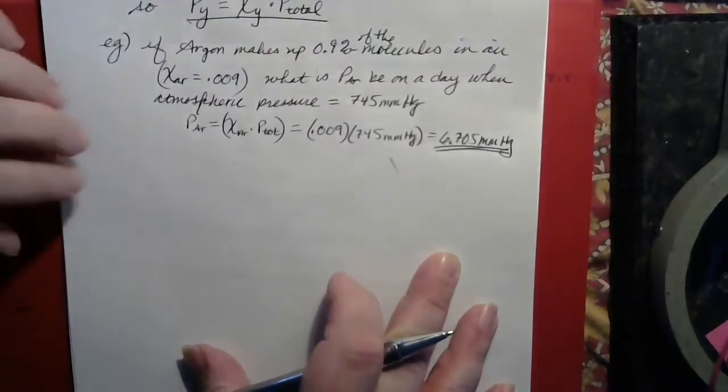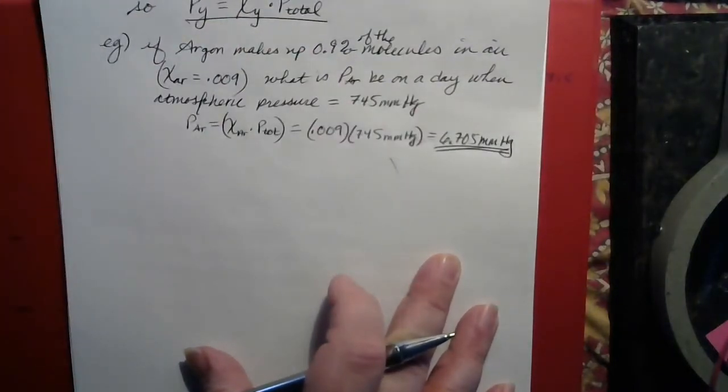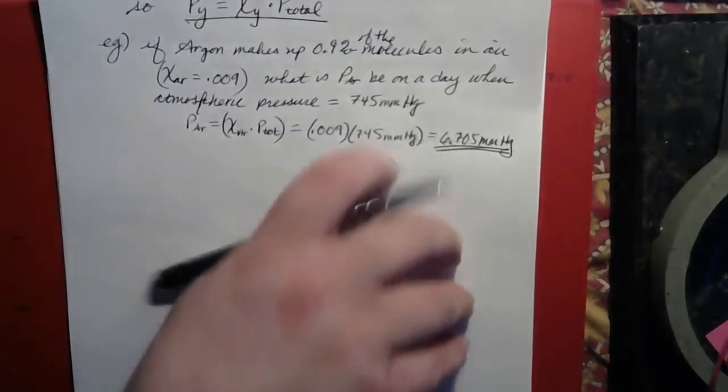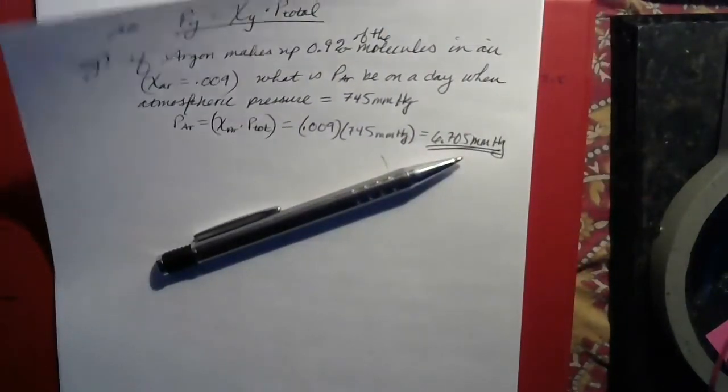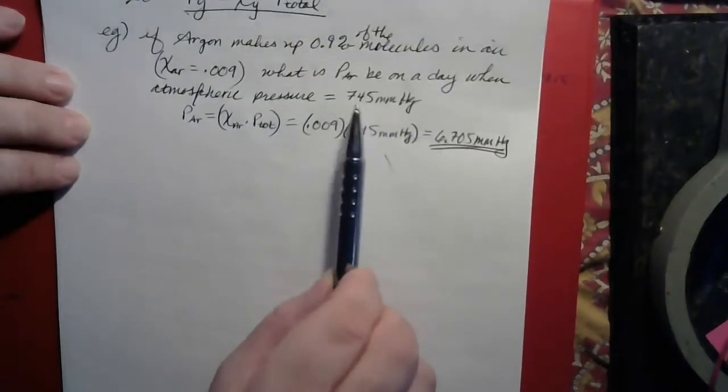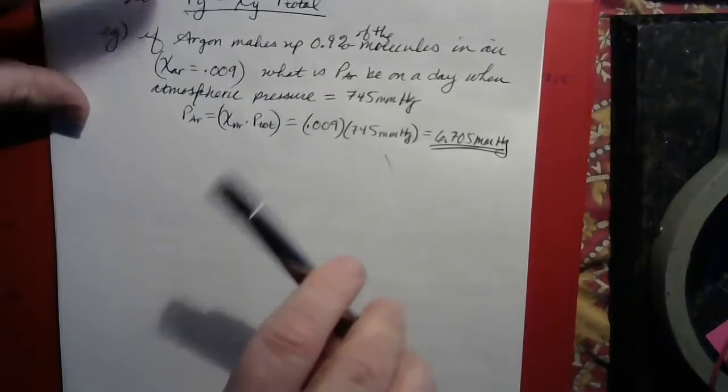And that would be due to just the argon in the air. And you could find the partial pressures for all the other gases that make up the air. And when you add them all together, you would get the total pressure, which in this case would be 745 millimeters of mercury.